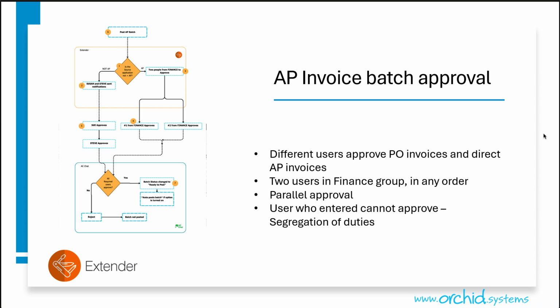We're also going to show you how to do parallel approval, where two users in the finance group can approve in any order, but the user who entered or who submits the batch for approval cannot approve, to enforce segregation of duty. Let's look at this in Sage 300 in our workflow rules.